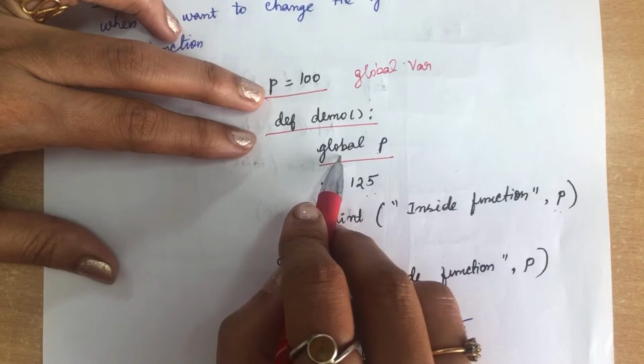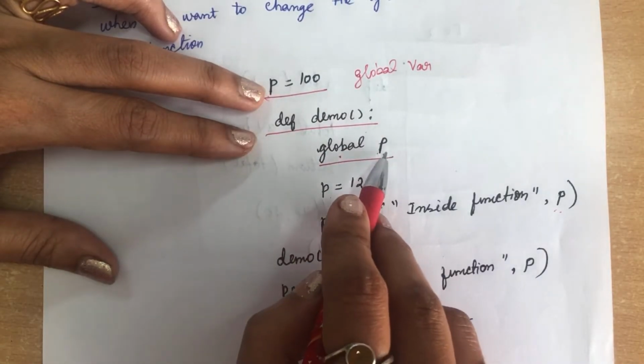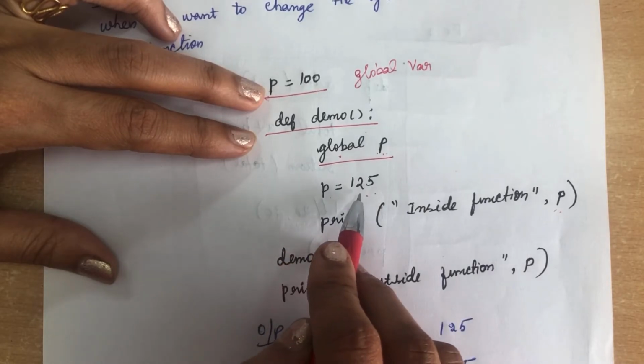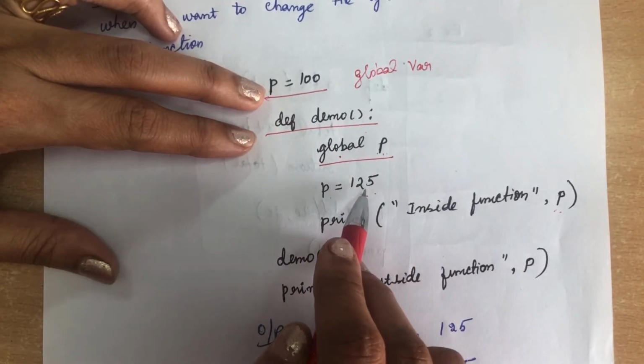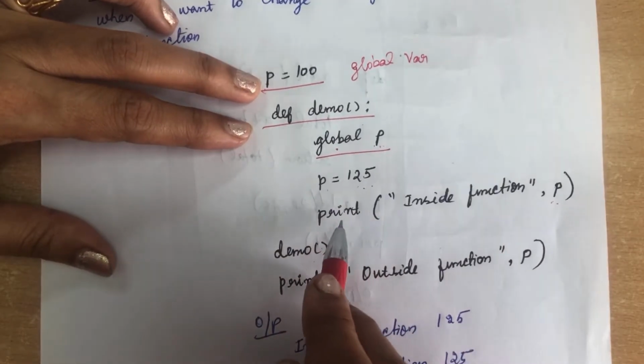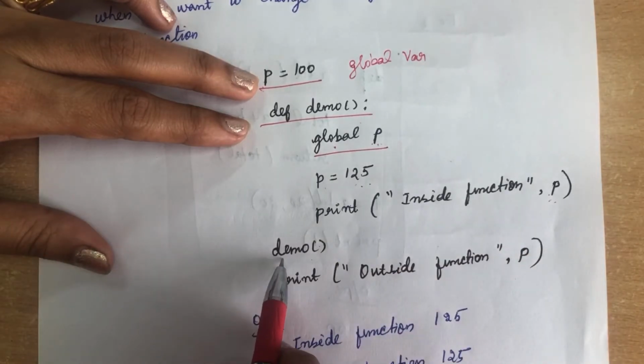So I am writing global p. I am using the same variable name here, and now I am going to change its value. Initially it was 100. Now I am going to change it to 125. Then I print p inside the function. Now this is your main program, the demo call and print of p.